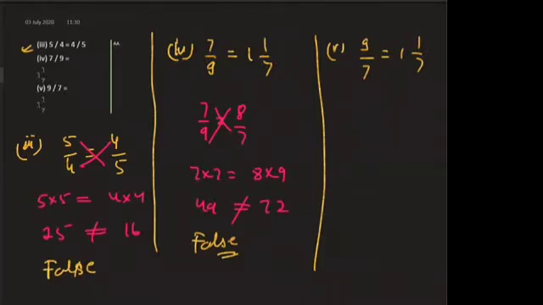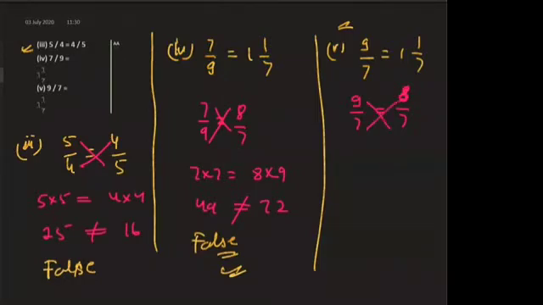On the other hand, in question 4, also do the same thing and you will get a different answer on both sides. It means that this statement is also false. Now question 5, you have to do and tell me the answer, students. First change into improper fractions. 9 upon 7 as it is, and 7 ones are 7 plus 1, sorry, 8 upon 7.